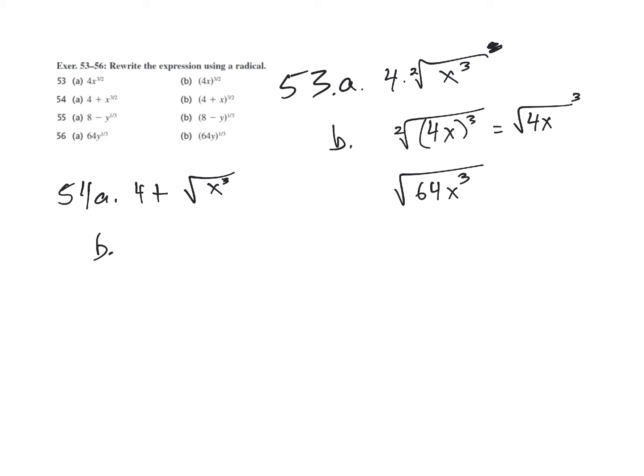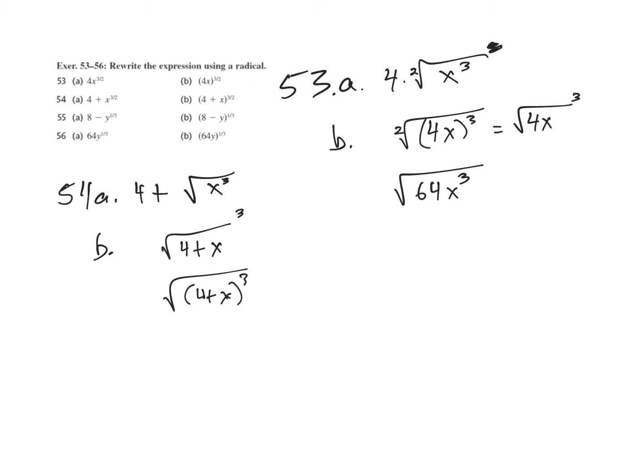Alright, so b, the group is 4 plus x. So 4 plus x is the group. We put it under the radical, 4 plus x. And then the denominator is a 2, so that's your root, square root. And the top number is a 3. So again, you either put it out here, or you have to write it like this, with parentheses raised to the 3rd power.